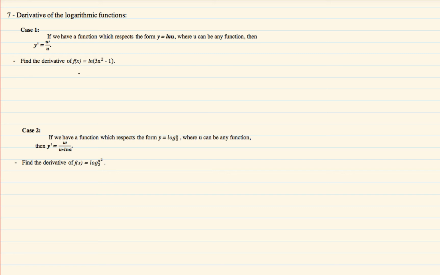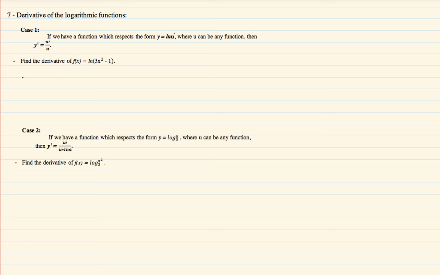So what we do is basically take the derivative of that argument of the logarithm divided by the original argument of that logarithm. So look at this. y dash is equal to u dash divided by u, which means that we differentiate this u, the original argument, and divide by the original argument.